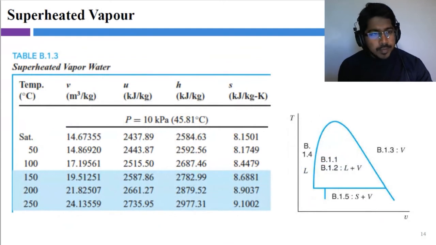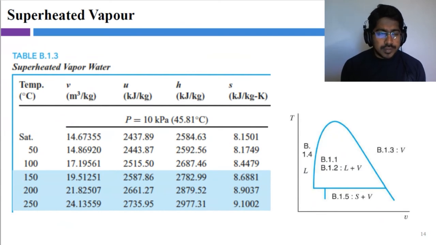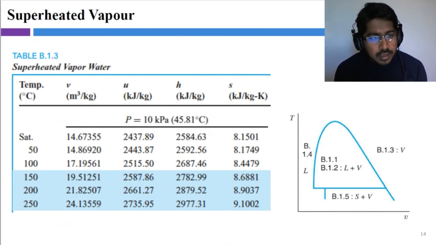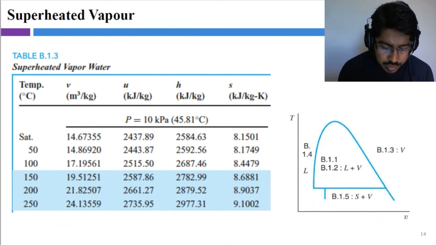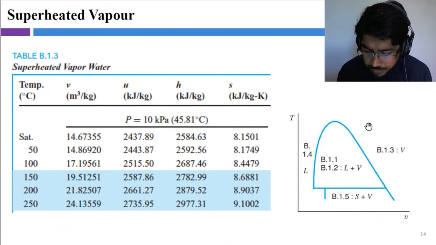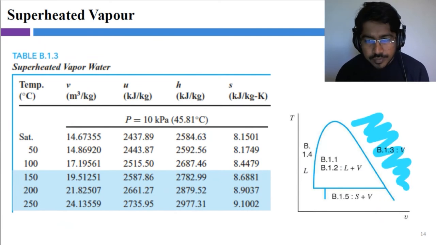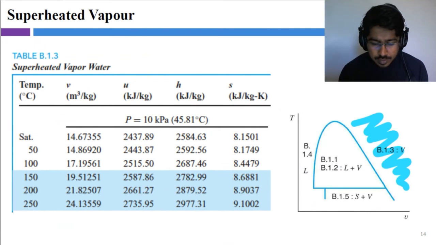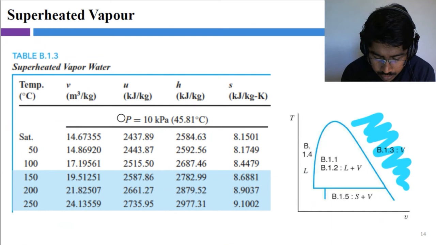Okay, perfect. So now we discussed the compressed liquid tables and two-phase tables, and now we have superheated vapor for water, right? So this is going to be this region, right? So there's an important observation.